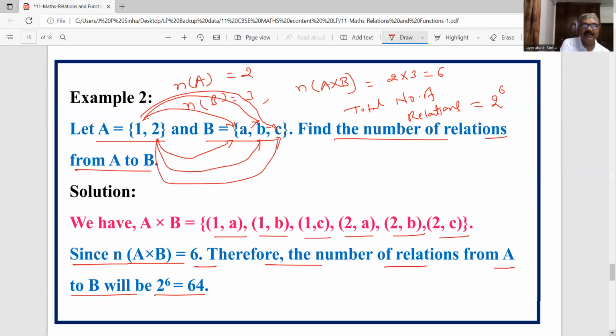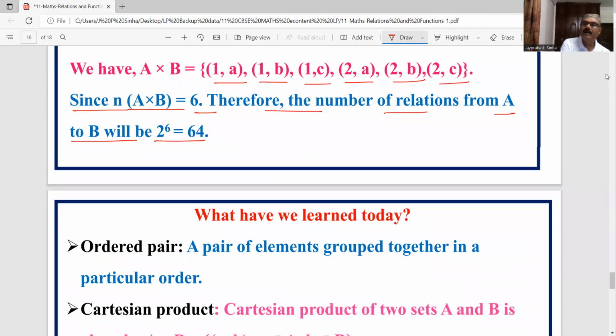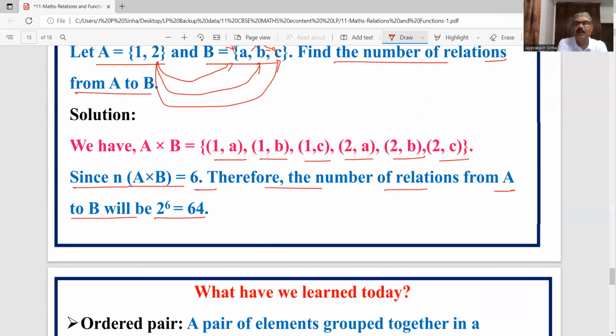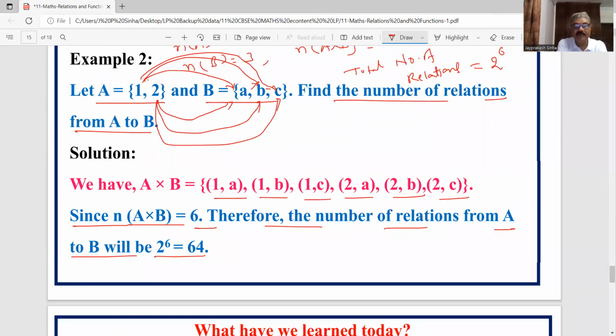So in this class, I think the idea of domain, codomain, range, the total number of elements in the Cartesian product of 2 sets, and also how many relations can be formed from A cross B is clear.